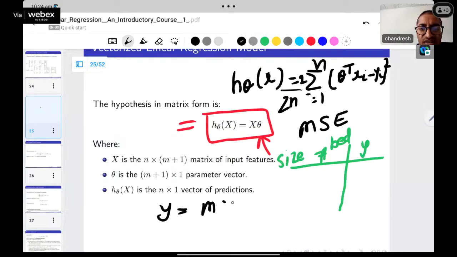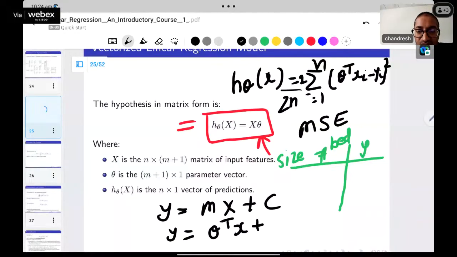Linear regression is nothing but using a line to predict your data. All of you know this equation, y equals mx plus c. This equation of a line is sometimes written in a more general form, and we call it theta transpose x plus theta 0.